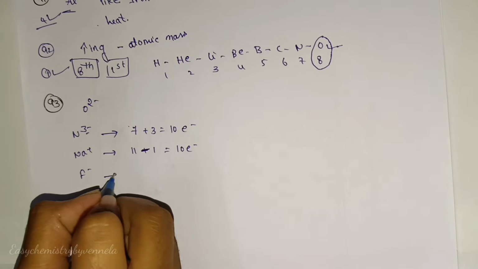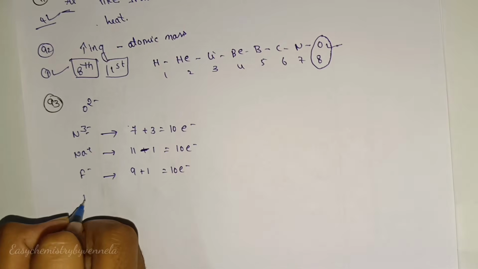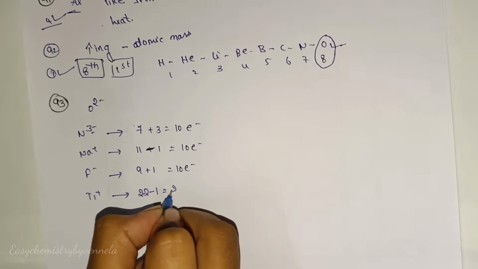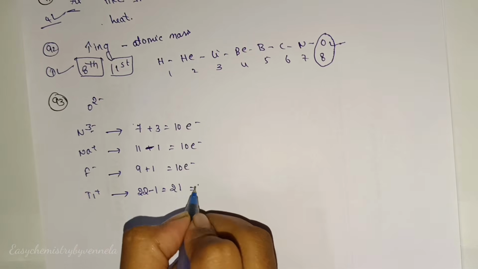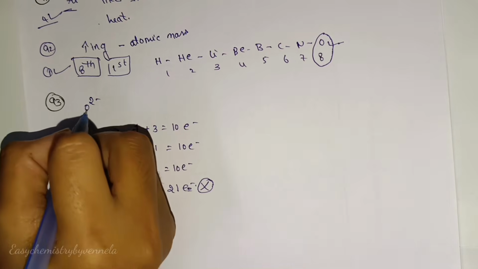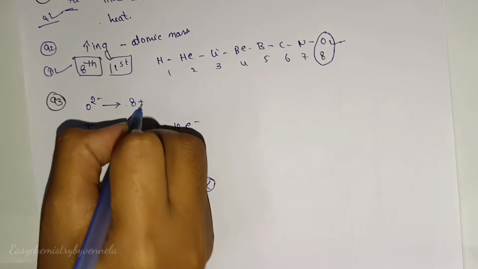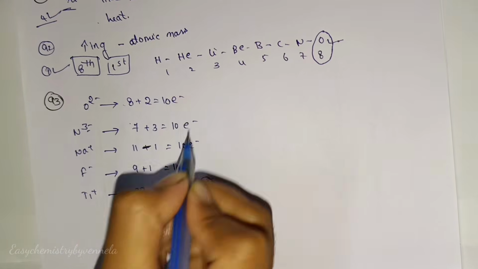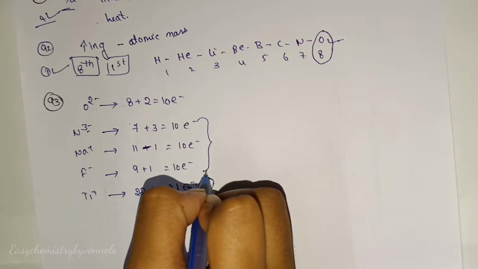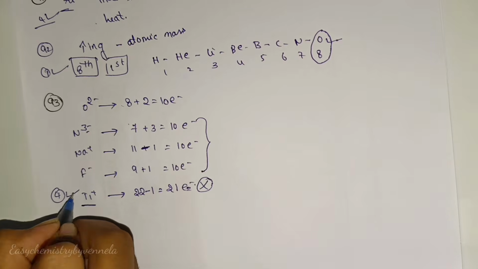F minus, 9 plus 1, 10 electrons. Titanium, 22 minus 1, 21 electrons. So this is not isoelectronic with oxygen. These three are isoelectronic with oxygen. Our question is which is not isoelectronic. So titanium. Fourth option is the correct one.